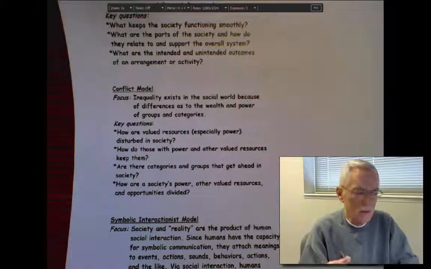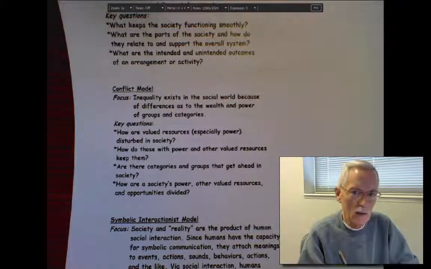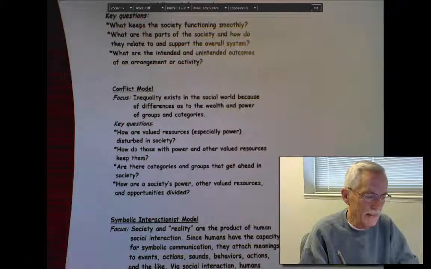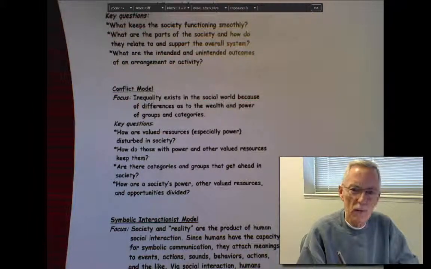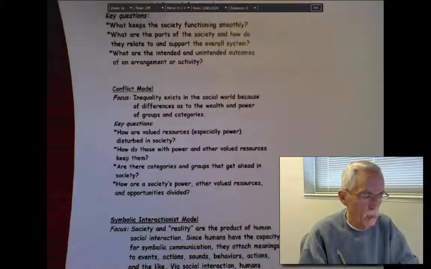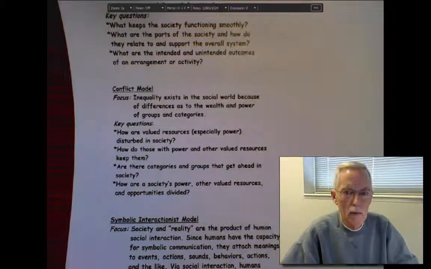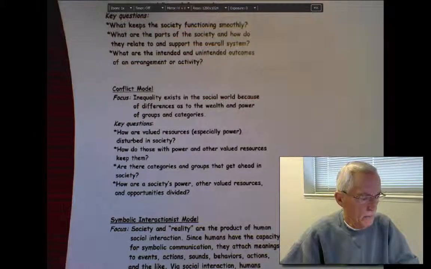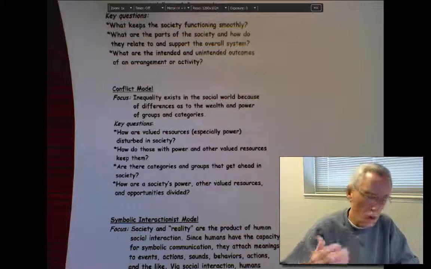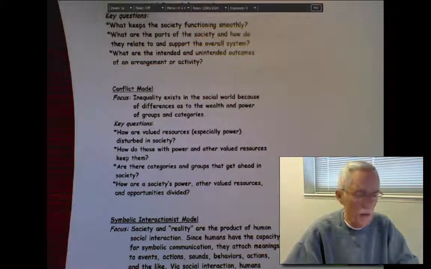Now this conflict can take a lot of different forms. It can be violent, but most often it's in the form of competing for that which is highly valued or considered important. So as you'll notice here, the model argues that society is characterized by inequality.